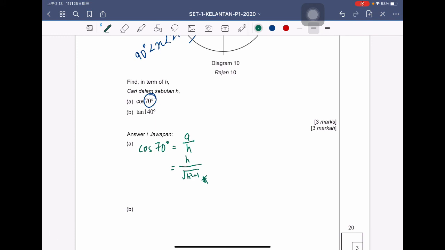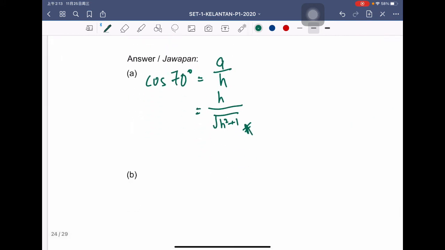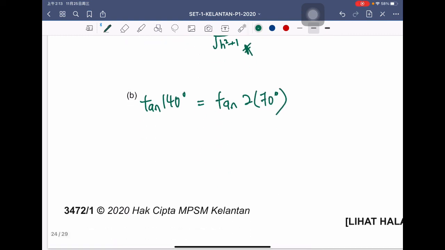But actually, you'll find out tangent 140 degrees equals tangent 2 times 70 degrees. It means that we can apply the double angle formula, which is 2 tangent x over 1 minus tangent squared x.